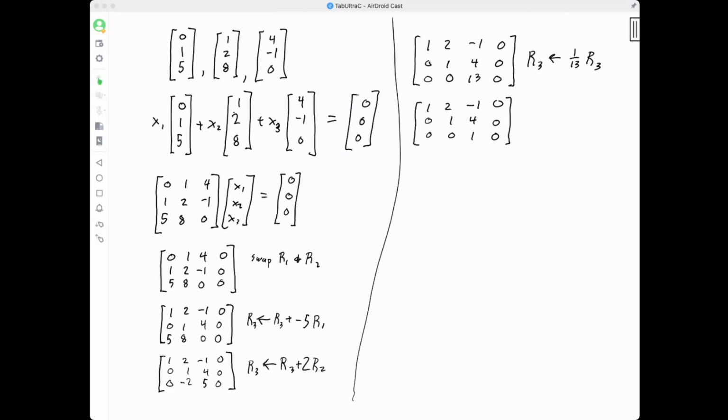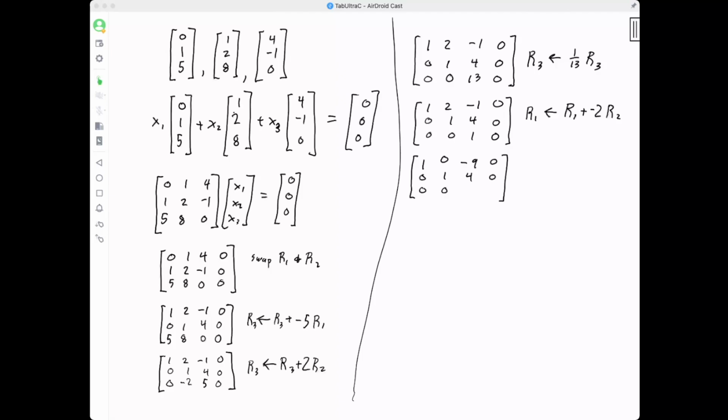Now, for each of my pivots, I'm going to zero out everything above the pivot in its column. First I replace row 1 with row 1 plus -2 times row 2, which gives me 1, 0, -9, 0. The second and third rows stay the same.